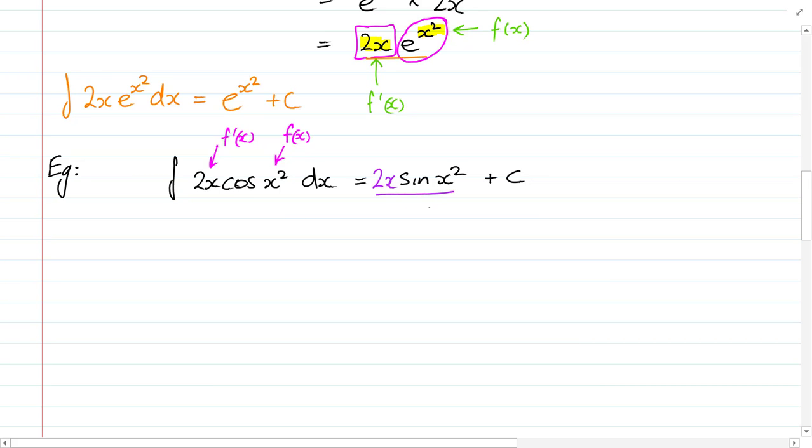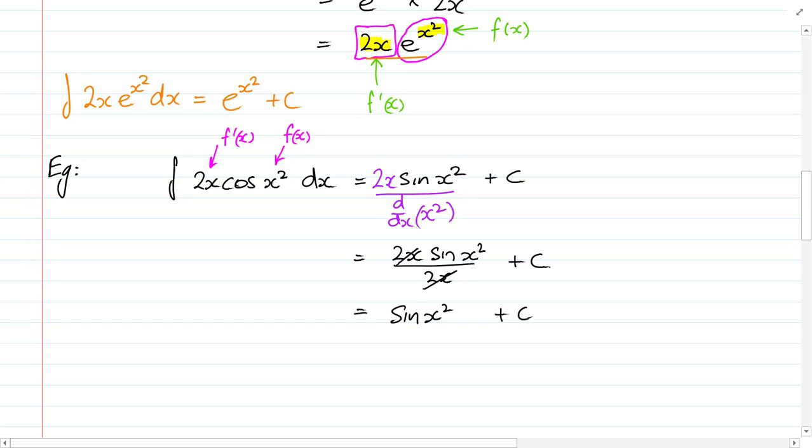So we divide by d dx of x squared. And so this will give us 2x sine x squared over 2x, and they will cancel, leaving us sine x squared plus c, and I should put my plus c there.